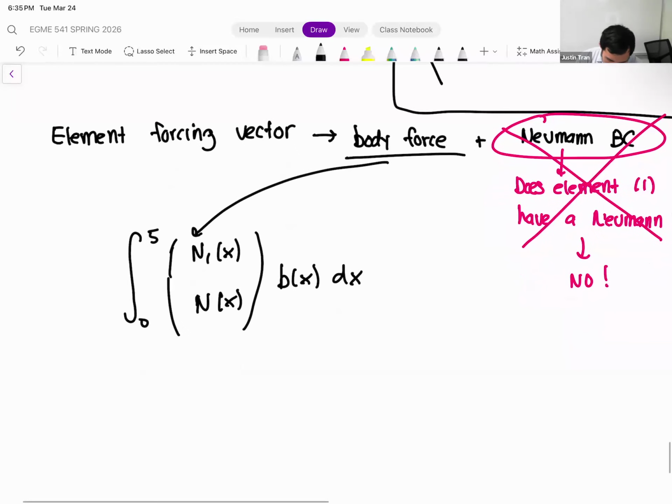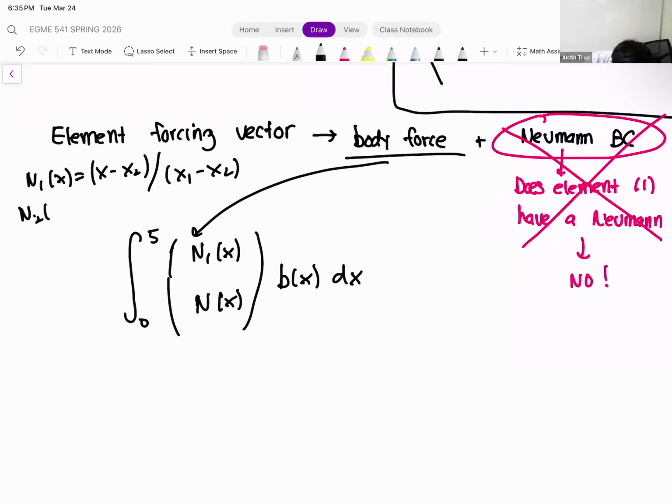So remember, N1 of x, let me just write it down here because it's been a while, is equal to x minus x2 divided by x1 minus x2, and N2 of x is equal to x1 minus x divided by x1 minus x2. Now, these are actually functions of x, so we didn't take their derivative, so we do have to integrate them. And our b of x for this particular problem is just a flat 2.